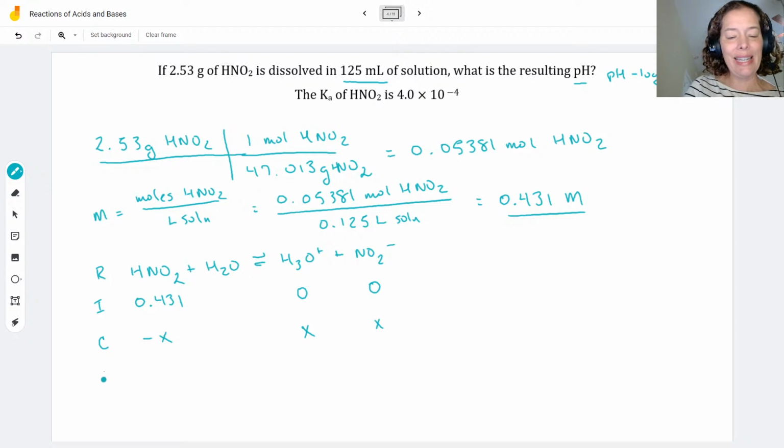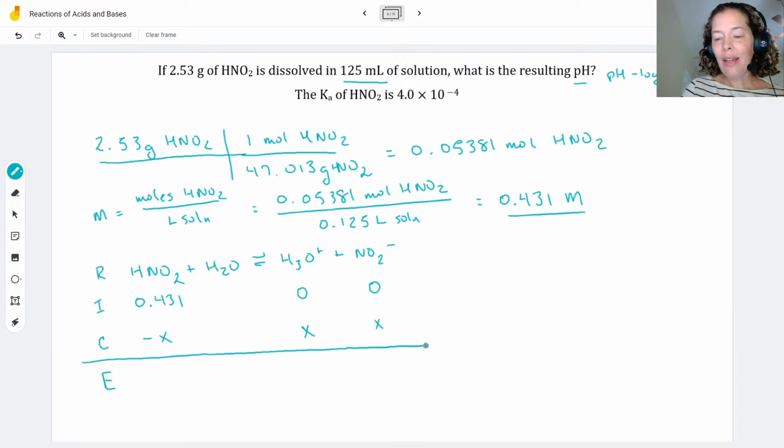We need E, and E stands for equilibrium. So what I'm doing is just adding my rows. So the equilibrium for my nitrous acid is going to be 0.431 minus X. Again, I still don't know what X is, so I'm just putting these columns together.